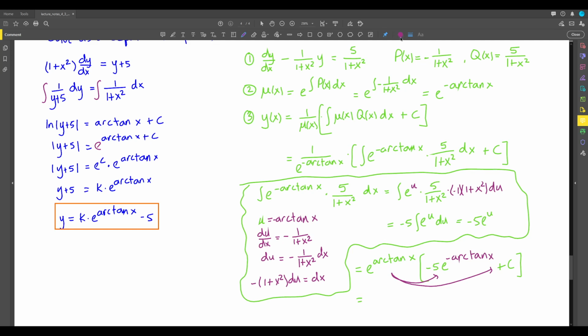We're then left with negative 5 for the first part, and then plus c times e to the power arctan of x. And that is our final answer, and that's the same answer as what we found here. So y(x) is that.